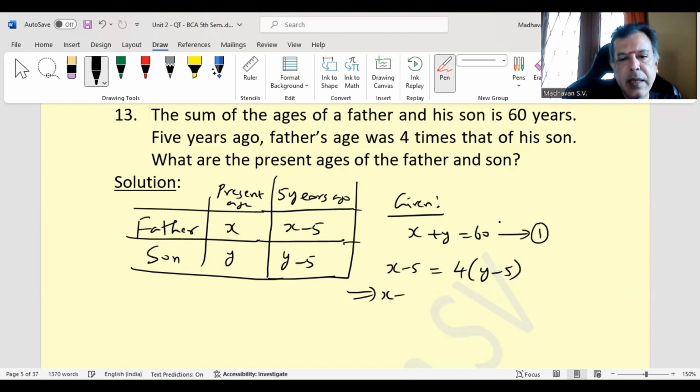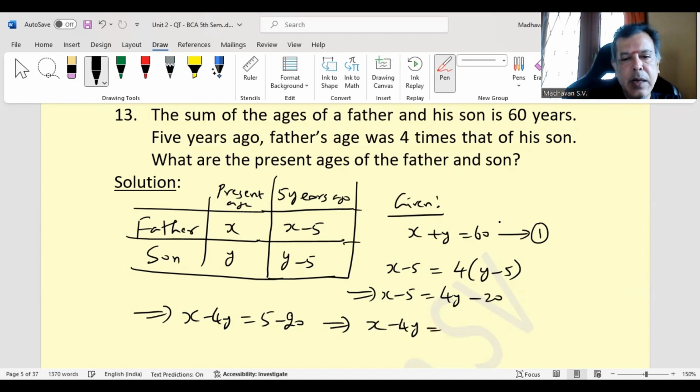That means X minus 5 equal to 4Y minus 20, or X minus 4Y equal to 5 minus 20. Further, X minus 4Y equal to minus 15. Consider this as second equation.